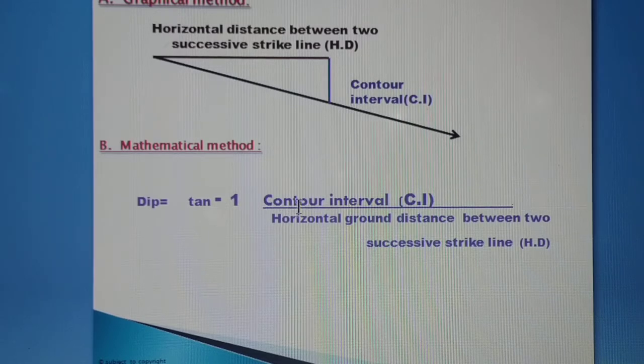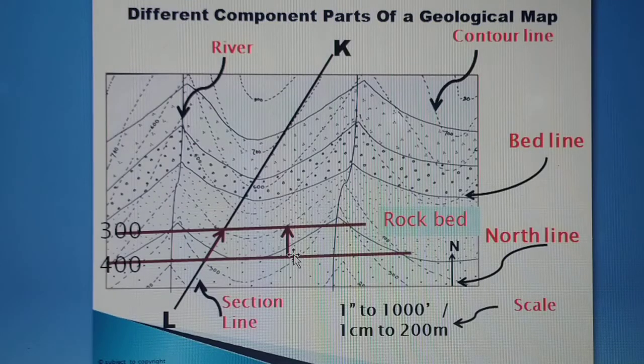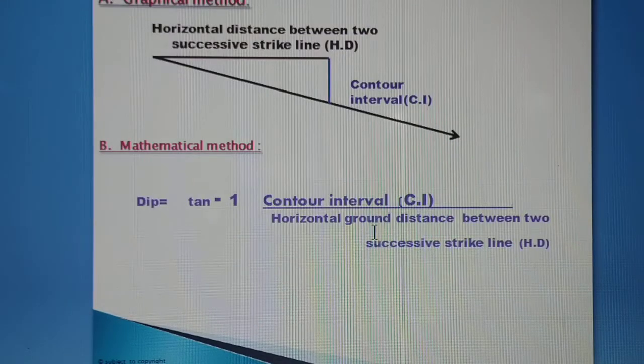Okay, so next is the mathematical method. In the mathematical method, put here the contour interval, for example 100 in this case. Next is the horizontal ground distance between two successive straight lines. So this is actually ground distance, whereas this is actually map distance, so you have to convert this map distance to ground distance. Suppose the scale is 1 inch to 1000 feet and this distance is 0.4 inch, then this value will be 400 feet.